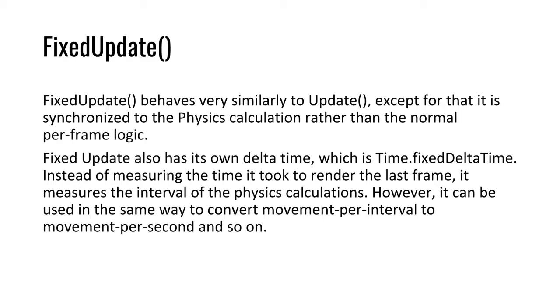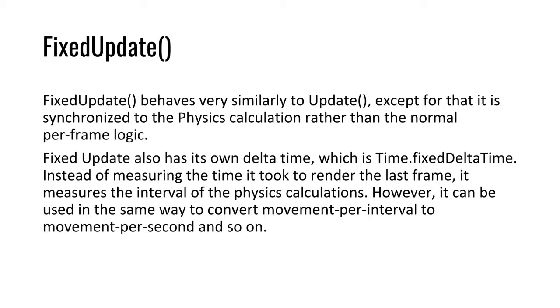It also has its own delta time, and if you remember, delta time is the way that we convert from units per frame to units per second. FixedUpdate has its Time.fixedDeltaTime, which is the interval at which physics are updated, and you can use it for the same thing, to convert units per interval into units per second, and so forth.